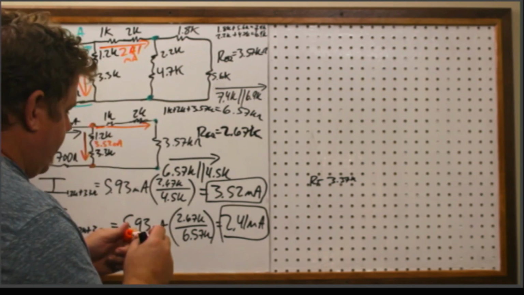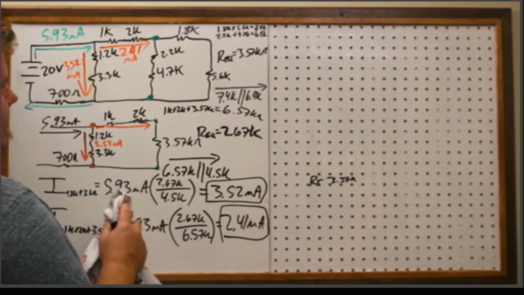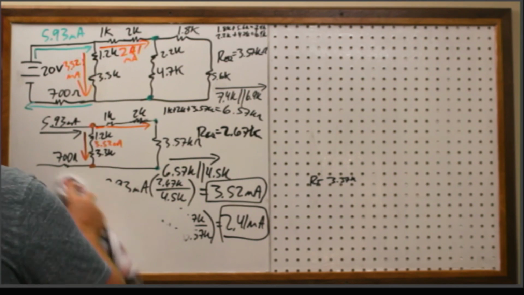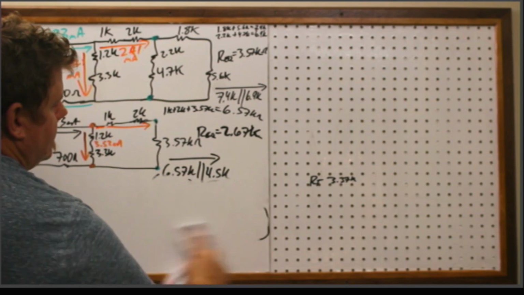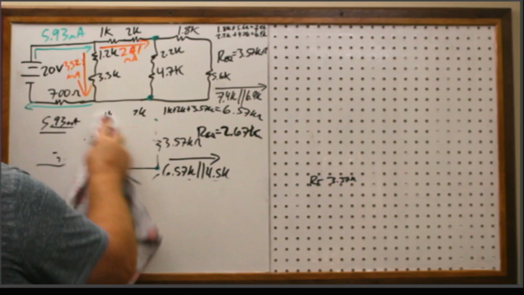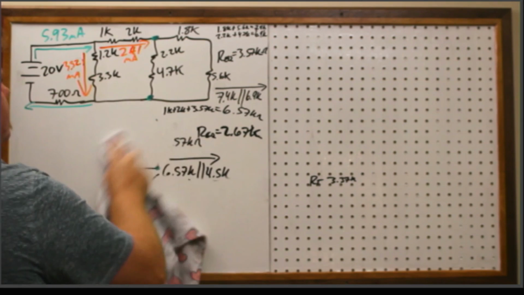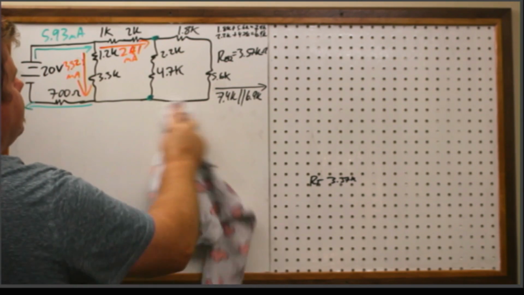So now 2.41 comes into this node, and so now we're going to erase this part. Okay. And really we want to know what's happening up here, so I can go ahead and erase this as well. Okay, but I want to keep those calculations up there.